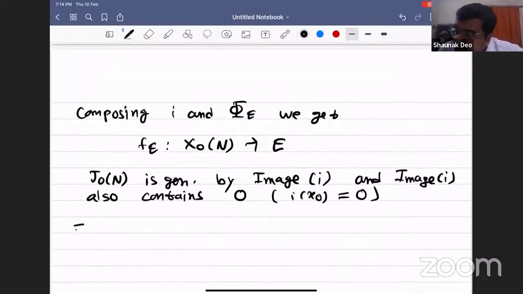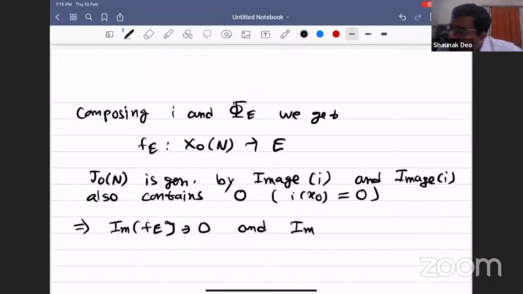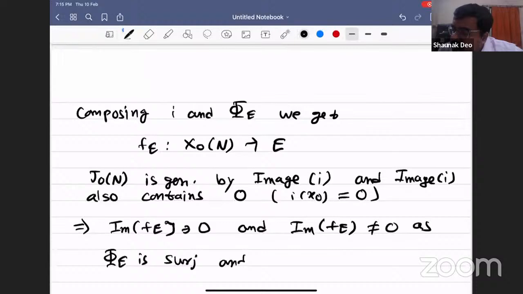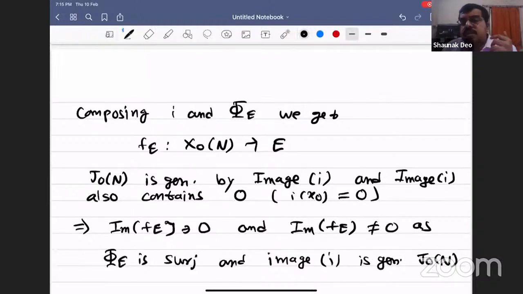So this means that the image of F_E contains 0, and the image of F_E is not 0, as phi E is surjective and the image of I is generating J naught of n.